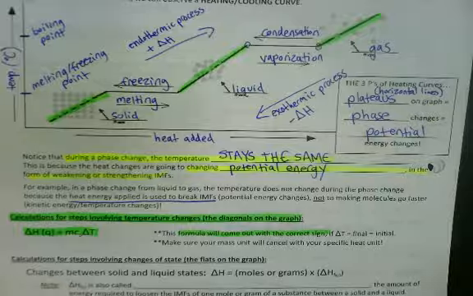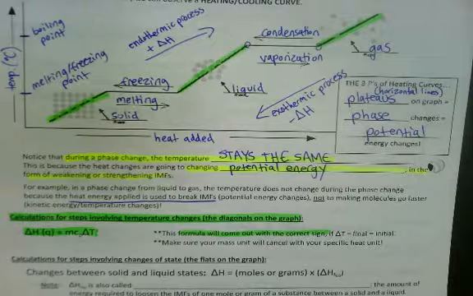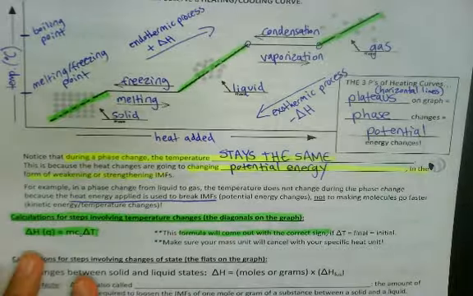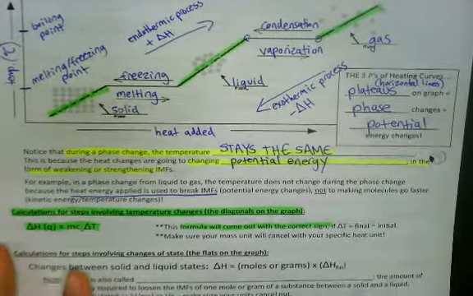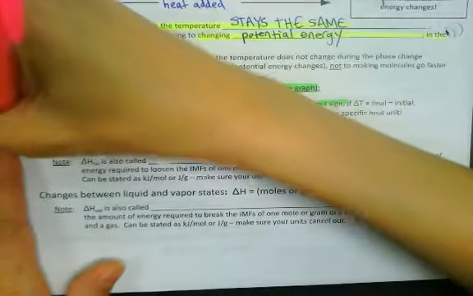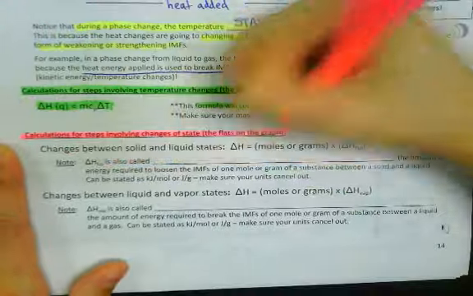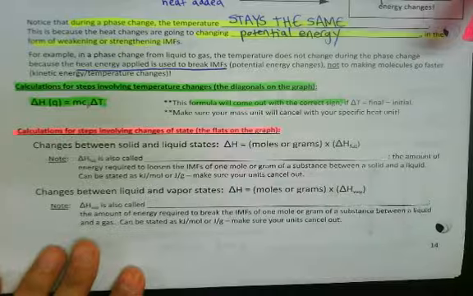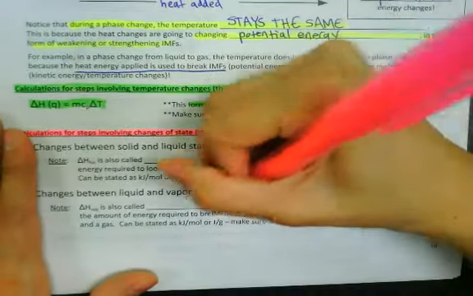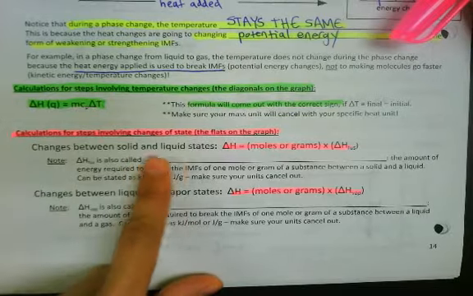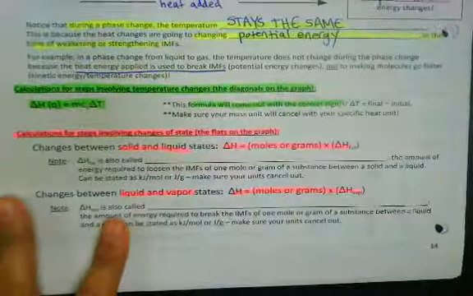If temperature is not changing, if the substance is undergoing a phase change, then we have to have a little bit different approach. So for calculations that involve changes of state, phase changes, the flats of the graph, we're going to have to use this or this, depending on whether or not we're changing between solid and liquid or liquid and vapor states.